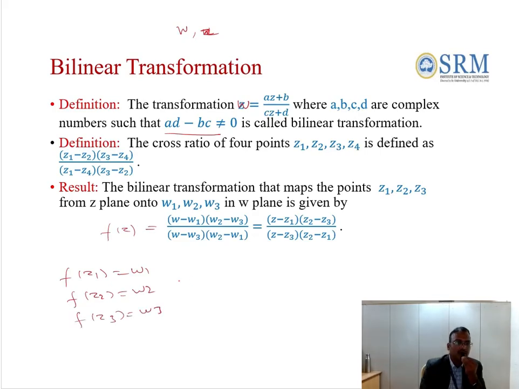Exactly it will map to these 3 points under the map f of z equal to (az plus b) divided by (cz plus d), right? This cross ratio brings the function like this, az plus b divided by cz plus d. That is the advantage of this cross ratio.